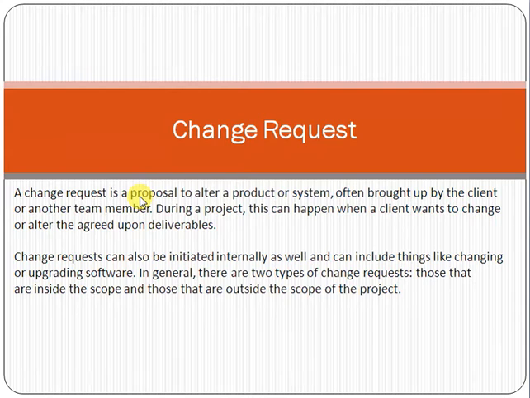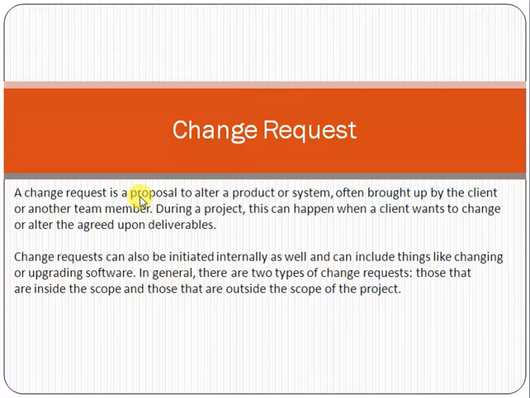Now you are saying you need one more module. That means we need more resources, more effort, and more cost will be incurred. So it is a change request, because it's not included in the signed or agreed scope of work.